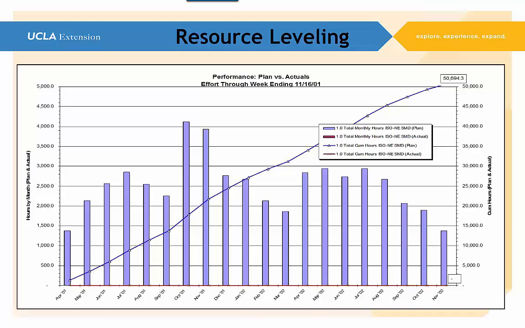For instance, you got October at 4,100, you got November here at 3,900, and then we drop down to 2,700. So we go from 39 to 27. That's 1,200 hours. That's over a half a year. That's over 6 people. How fast do we get them off the job? If we don't get them off the job fast, on schedule, that's going to cost a lot of money.